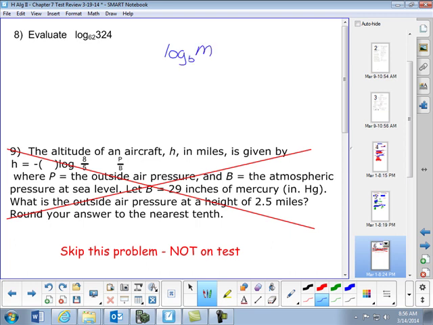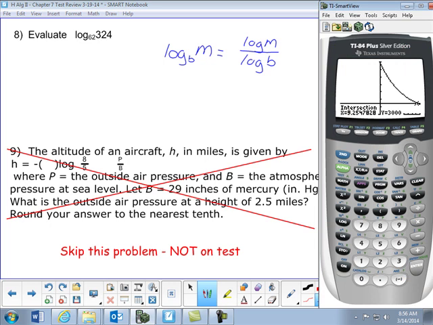If you have log base b of m, remember it's equal to the log of m divided by the log of b. So this is the change of base. So we can just come to our calculator and type in the log of 324.